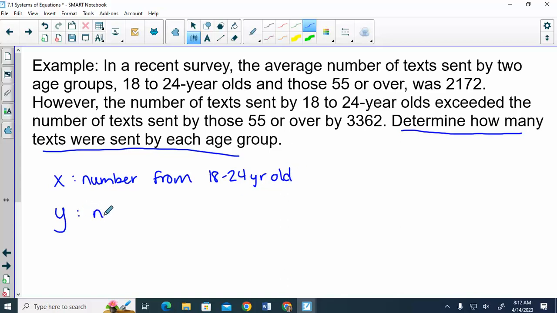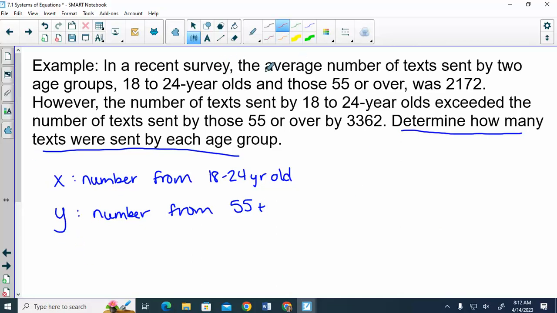And y could be the number sent by the 55 and up group. Okay, now I have to write my equations.